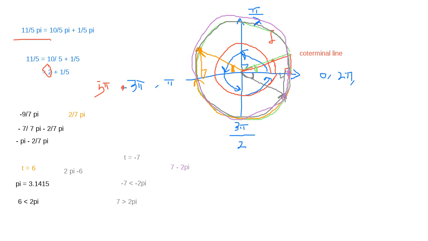So the key is we have to draw this picture to figure out the reference angle. We have to draw the 4 quadrants and label the angle first. Once we have the angle, we could end up in the first quadrant, then we work with this triangle, and the reference angle is this one.